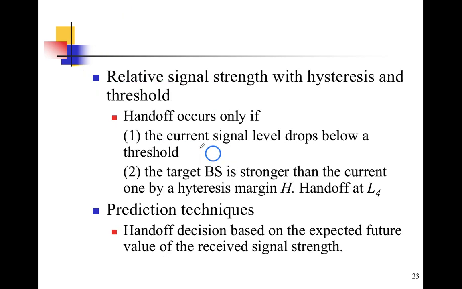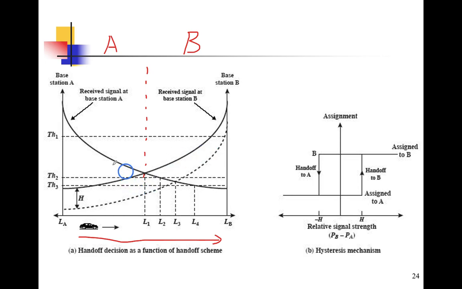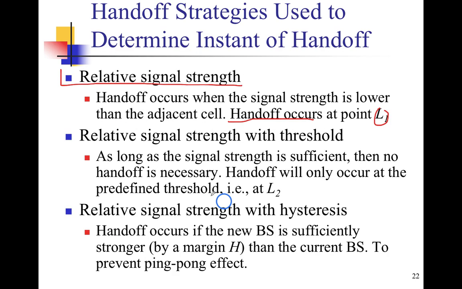Basically the car is over here, and the adjacent signal is this one. So it will happen over here, somewhere over here, when you use the relative signal strength approach.